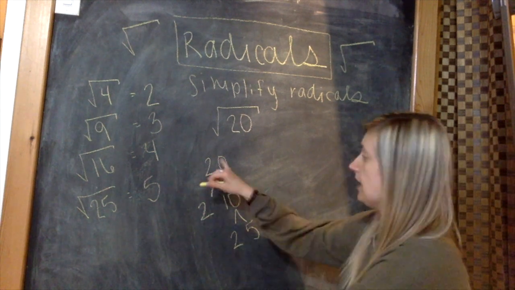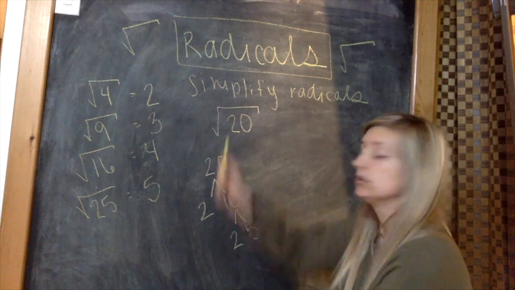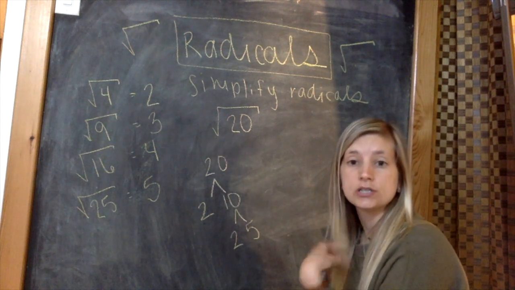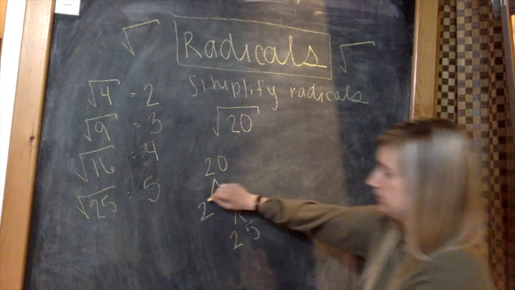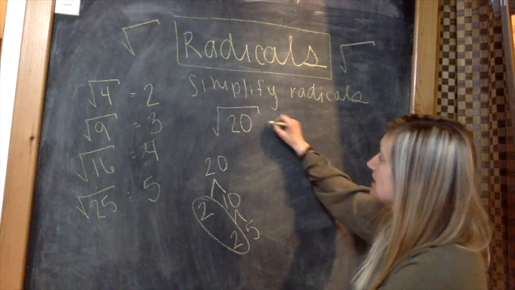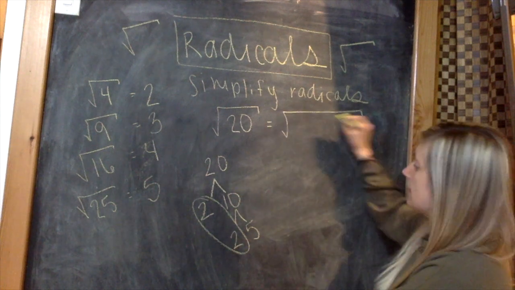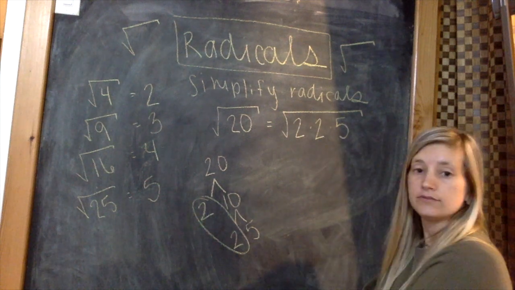So now that this is completely broken down, the name of the game, since this is a square root, is you're just looking for pairs, okay? So do you have a pair of primes? Yep, I see two 2s. So this is the same thing. I can rewrite this as 2 times 2 times 5.